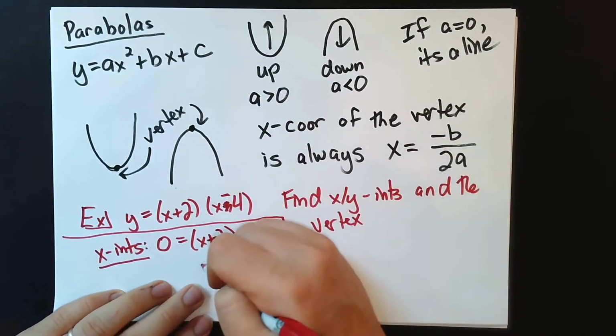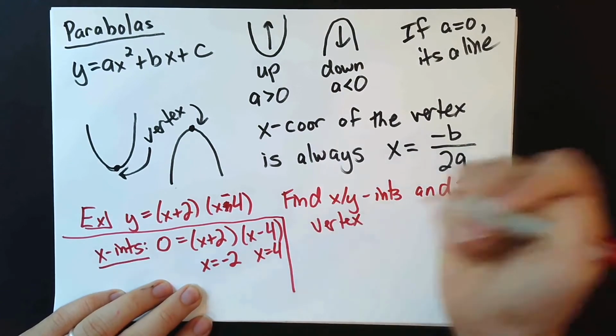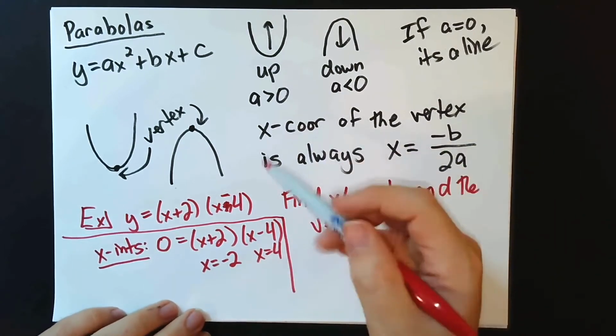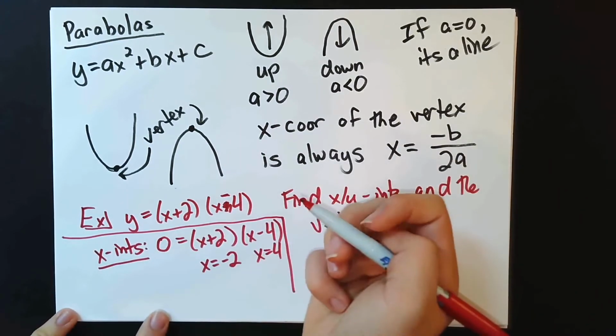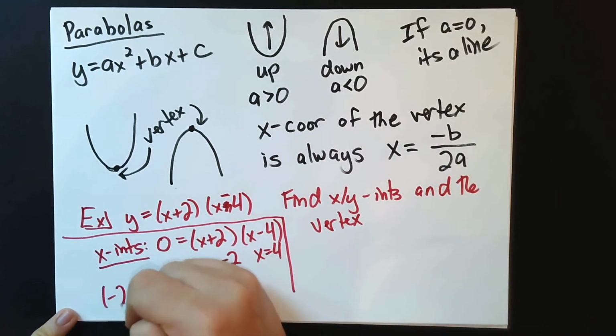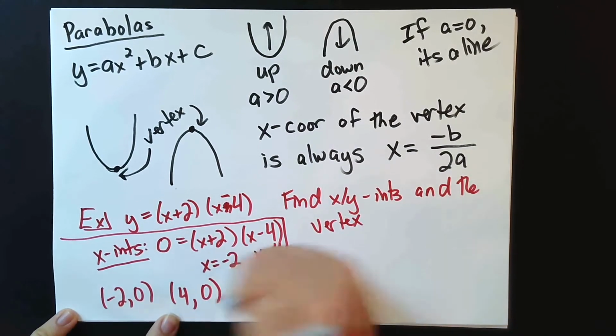And so I can see this is going to give me an x is minus 2. This is going to make an x is 4, plus 4. Again, this is because it's equal to 0 that I can do this. So there's two x-intercepts, namely minus 2, 0, and 4, 0.